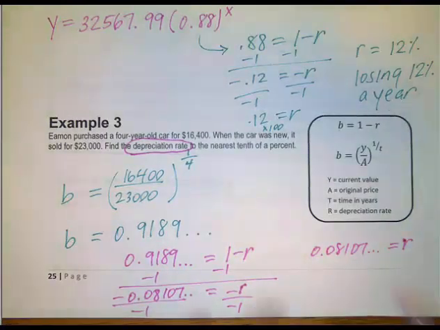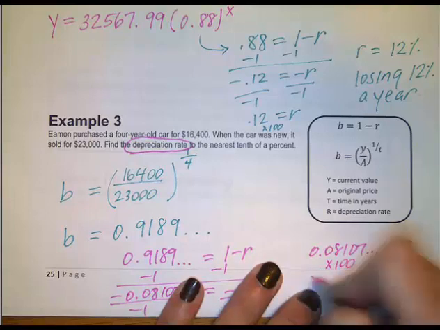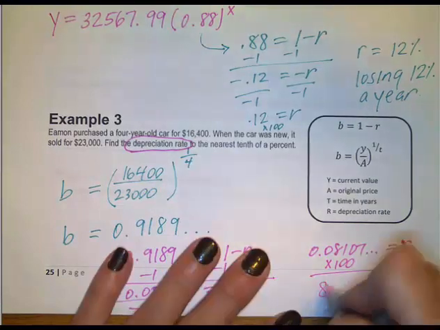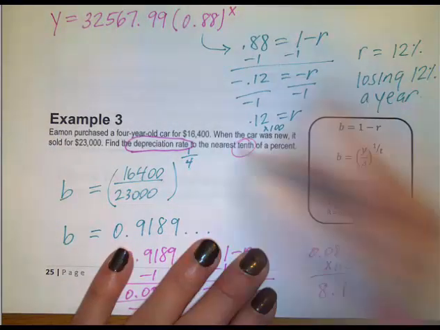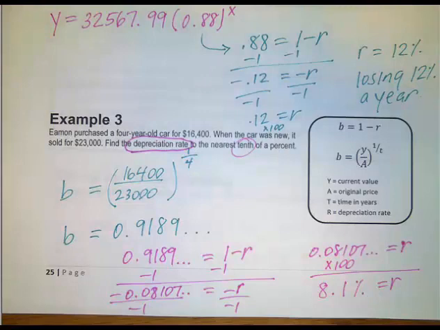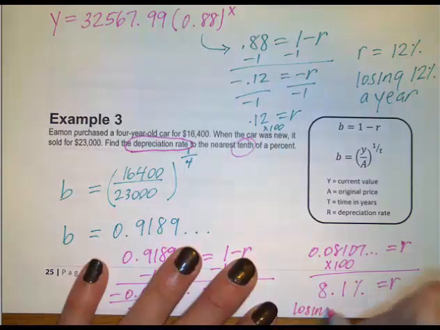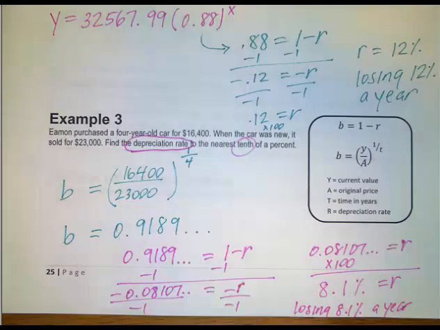So now I'm going to multiply that by 100 to make it into a percent. So I get 8.1 because it says the nearest tenth percent. So this is decreasing or losing 8.1% a year. Depreciating. That's what depreciating means.